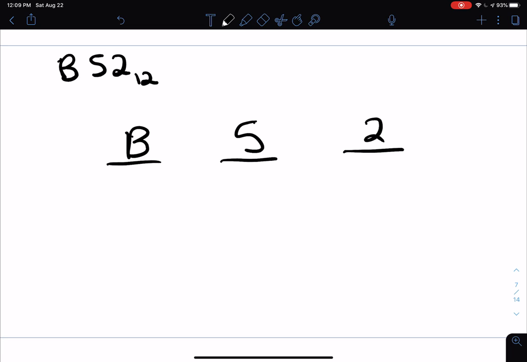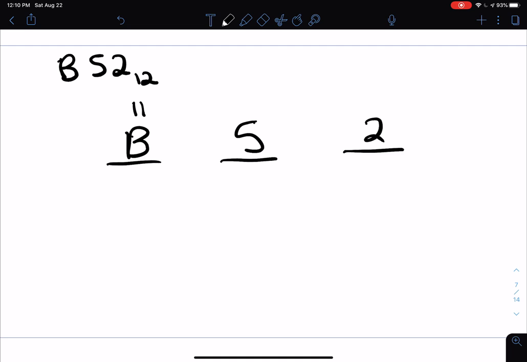Now, B is like, oh yeah, what was that again? Well, in base 12, you have to represent the digits 0 through 11. 0 through 9 just use the same digits you're used to. 10 is A, 11 is B. So really we have an 11 right here with this B.